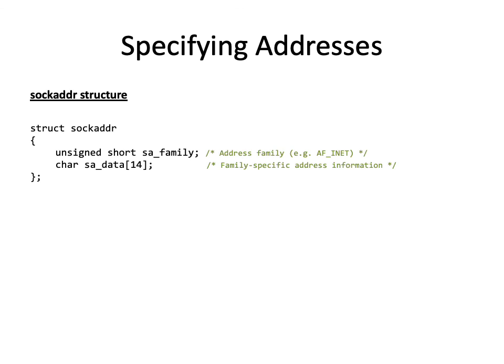How do we specify an address? We have to pass it something called a sockaddr structure, a socket address structure. It's defined something like this. struct sockaddr has an unsigned short, which is what kind of address family you're dealing with. And then you also want to pass it some information, the family-specific address.